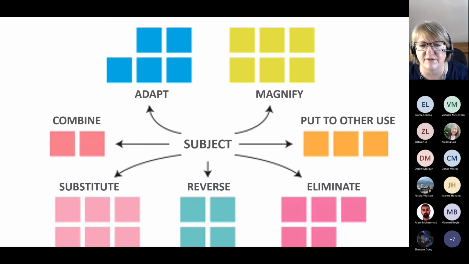So you might think of the different aspects of something, how you might be able to change it. So with Scamper, you don't have to use all of them. It might be that you just use combine or you just use substitute, but it can be a good way of looking at the problem or the product in terms of, right, how can we make changes to this? How can we be creative about what we already have there?